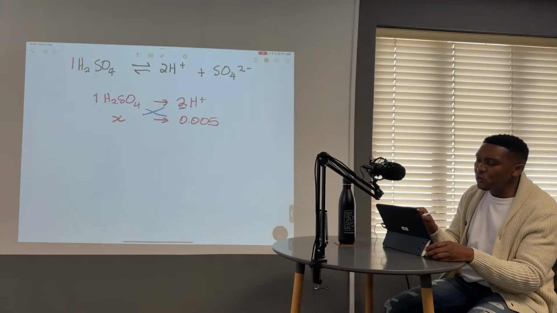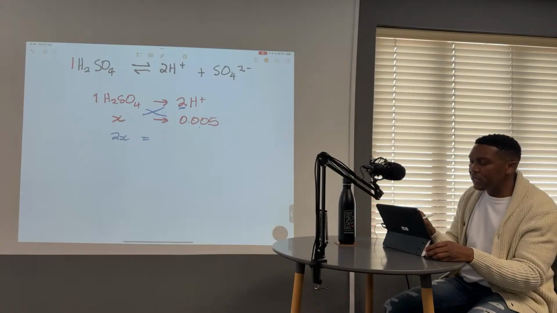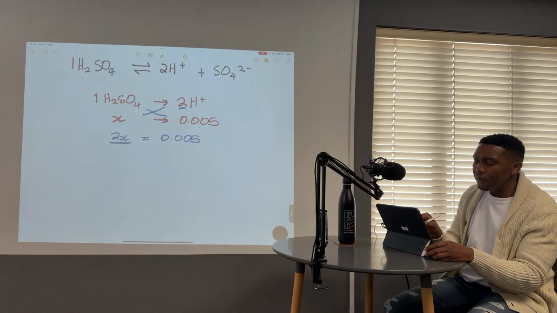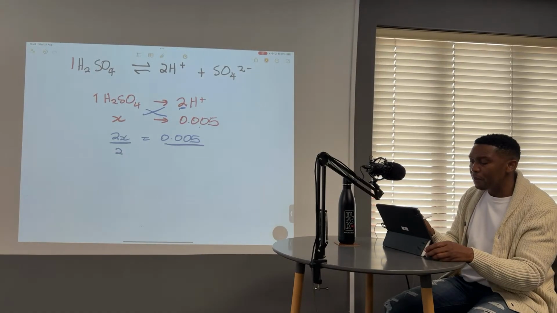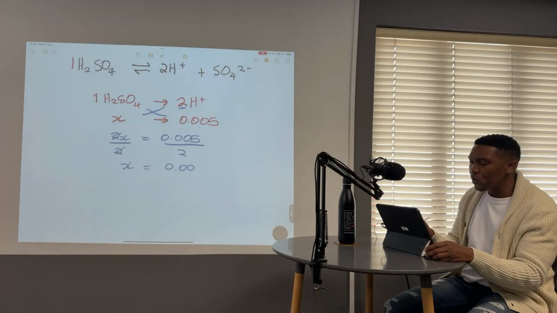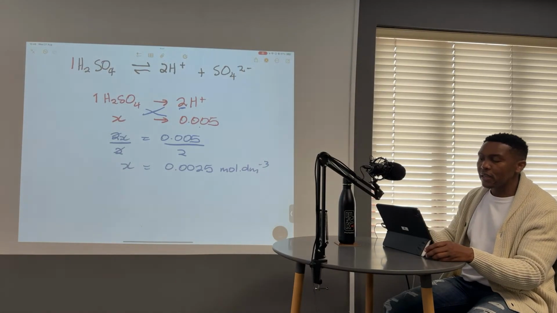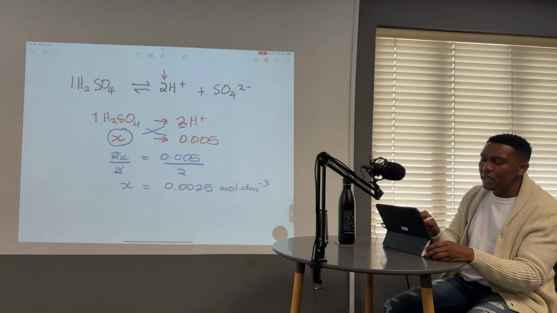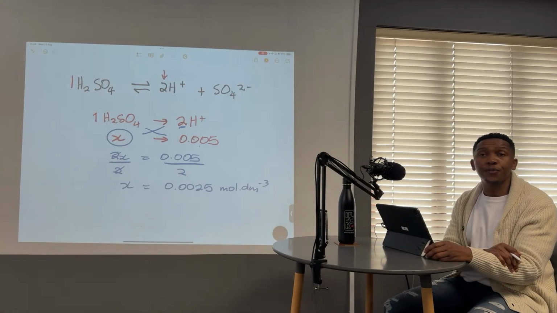We take 2 multiplied by X, that will give me 2X. 1 multiplied by 0.05 will give me 0.05. If I divide both sides by 2, X will give me 0.025 moles per cubic decimeter. Now, what is X? We said X is the concentration of sulfuric acid.